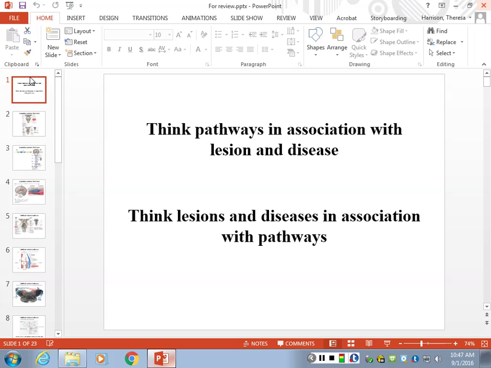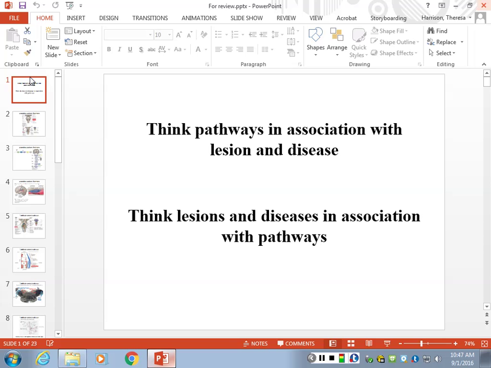And the same thing the other way around, lesions and diseases in terms of areas, in terms of pathways, okay? For other courses, you might need to memorize a lot. I'm not saying that you don't need to memorize for this one, you do, but you have to start putting the dots together, okay?